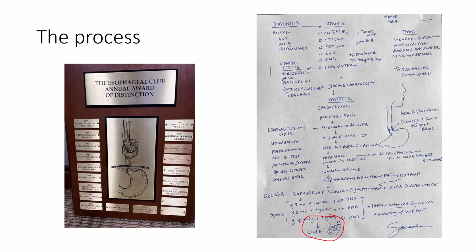I would just like to emphasize that managing patients with complex esophageal disease is very frequently, it feels like this image where the esophagus is tied into a knot. These patients require lifetime longitudinal care, not isolated segmental care.